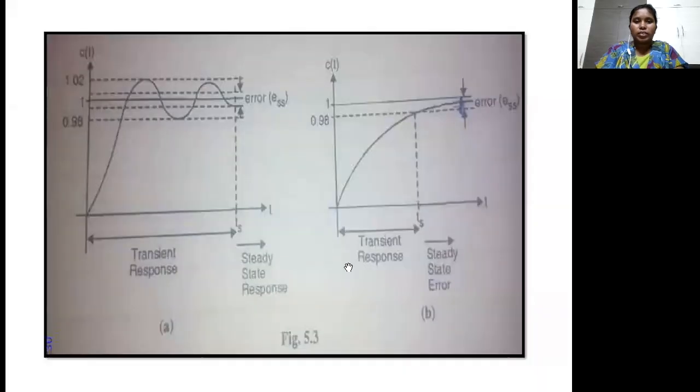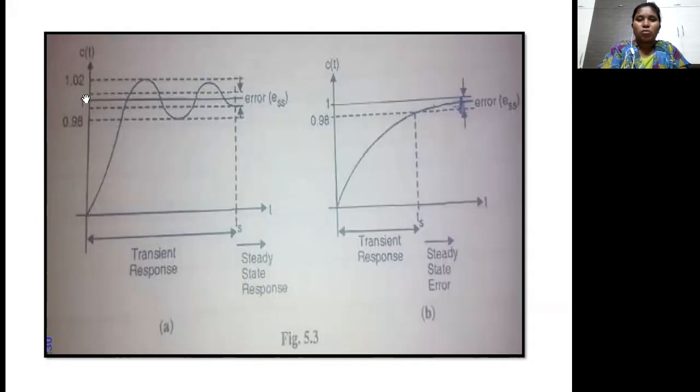Here you can see two types of transient response presented in the two diagrams. The first graph represents the transient response like this, but in the second graph the transient response is increasing like a linear graph.